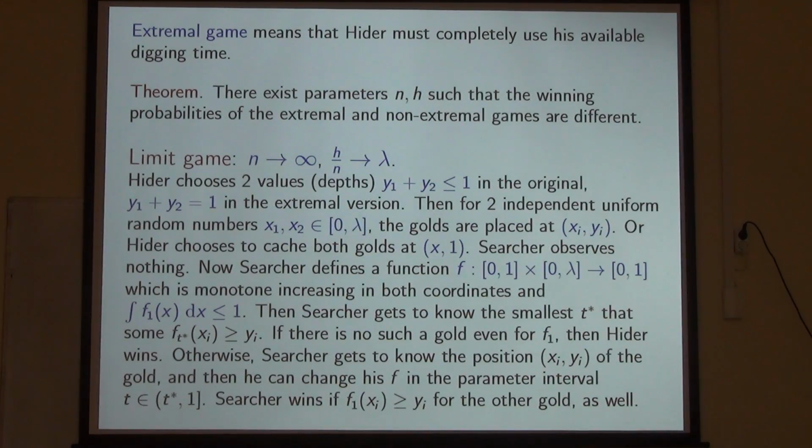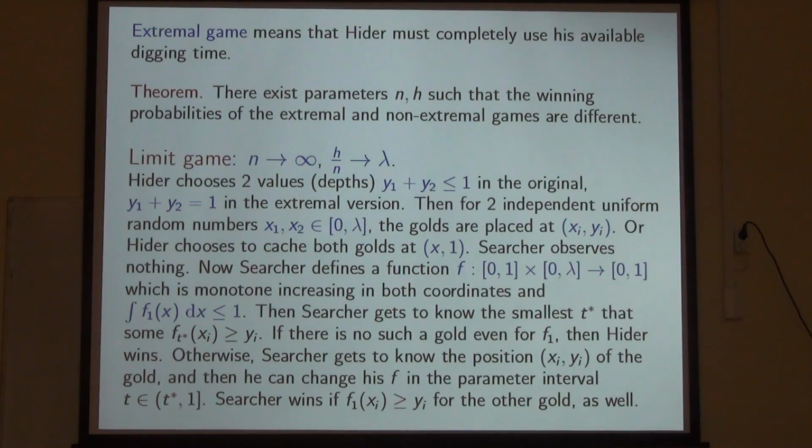And at a point, if he finds a nut, then this part is fixed, but he can revise the further plan of digging, and so this defines a two-player game.